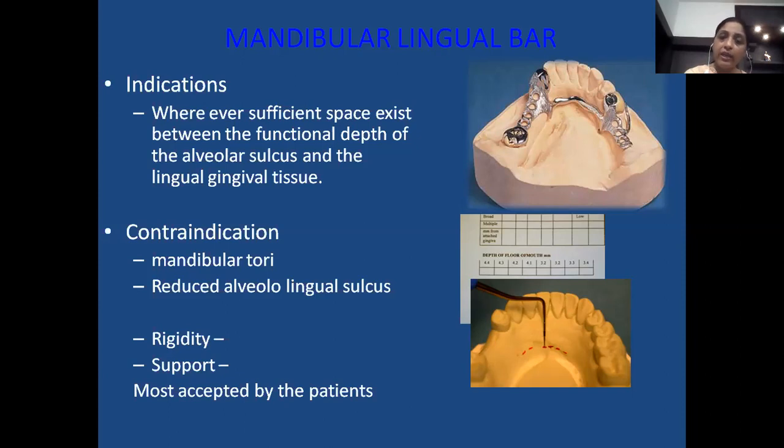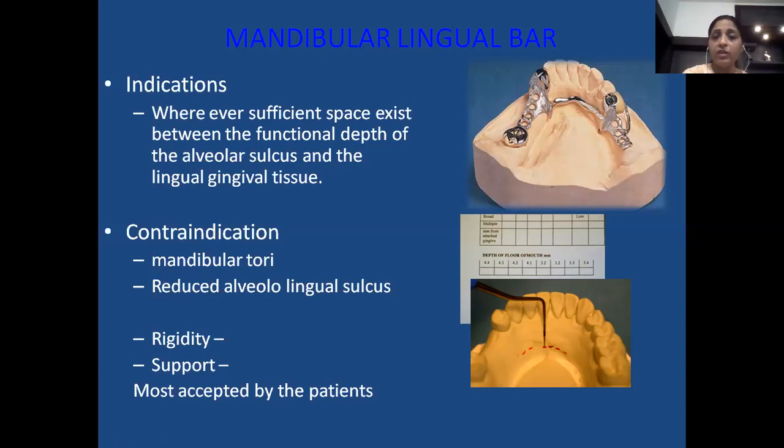Now the contraindications. The first contraindication is tori. The common location where tori are present is the lingual sulcus below the premolar area. If tori are present over here or here, then we cannot give this bar because it will cover the tori, so to avoid coverage of tori we have to think about other options for the mandibular major connector.